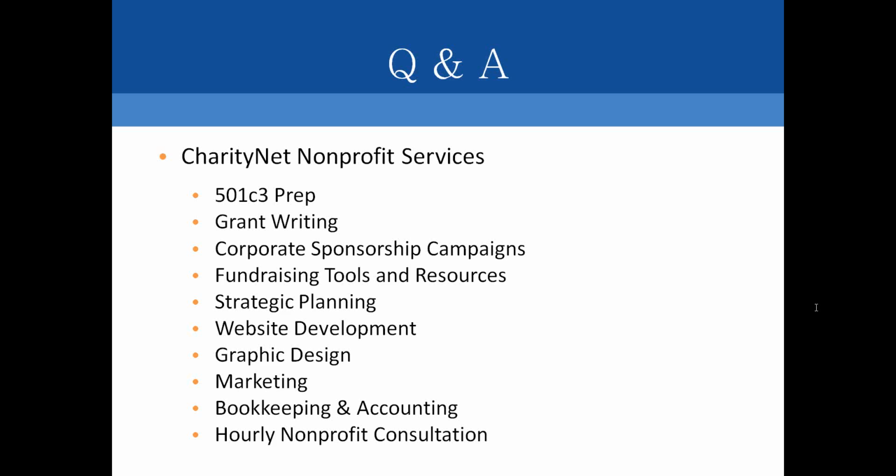Basically what that means is we would write a proposal, and then we would research and find either 3, 5, or 10 funders for you to submit that proposal to, and customize letters and stuff like that, and any applications needed for those funders. If you're interested in that service, please call into our office, go on our website, or email Jared or I, and we can get you information regarding the grant writing service.